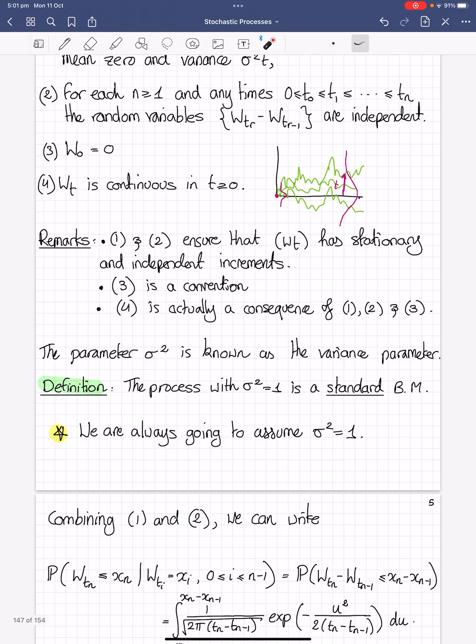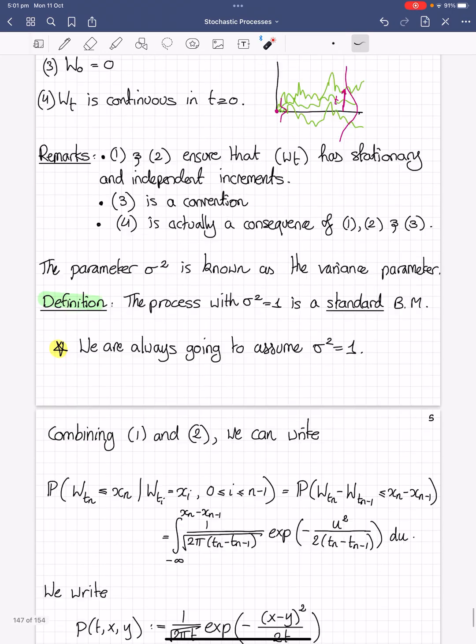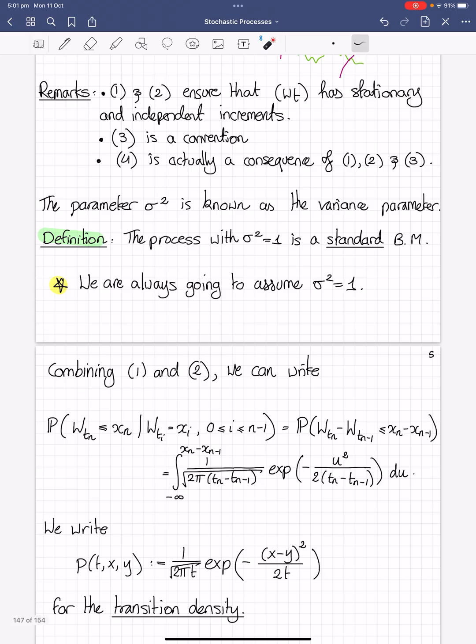Now, if we combine properties 1 and 2 above, we can write down the conditional distribution of the Brownian motion at time Tn, given the Brownian motion at n other times, t_i, where i is an integer between 0 and n minus 1.